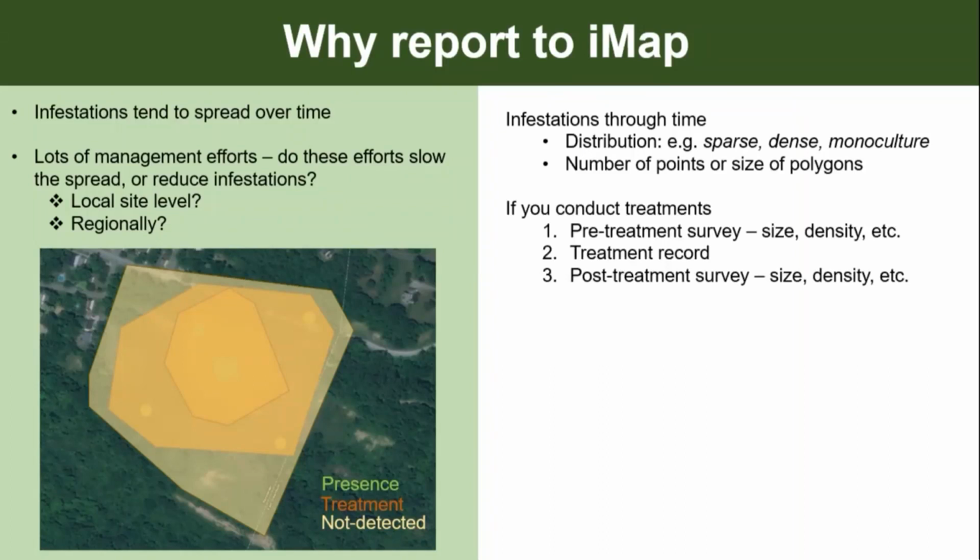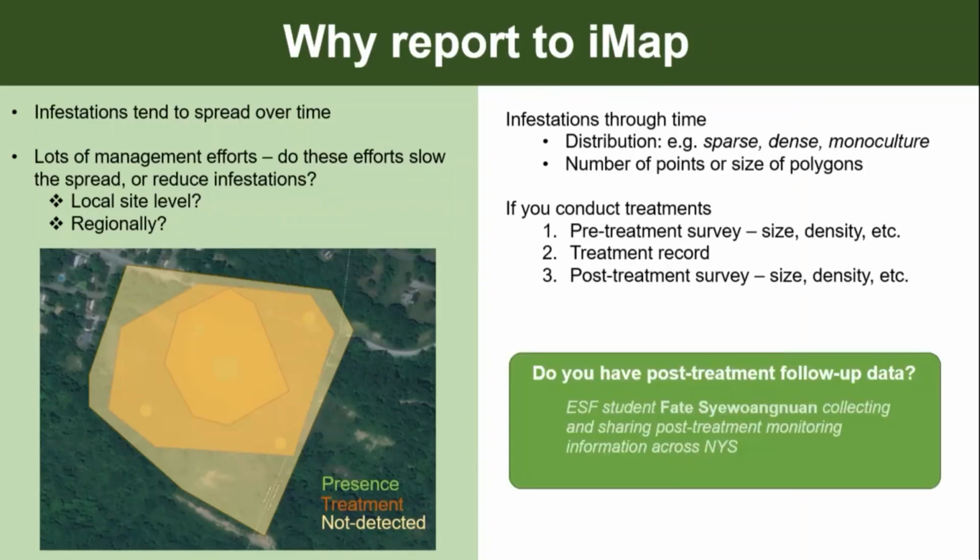And then if you look at treatments, you can look at pre-treatment surveys, the treatment record, and then post-treatment surveys and see if size and density and other fields are changing as well. And Jen will touch on this later, but if you have any post-treatment follow-up data, we do have a grad student who's working on collecting and sharing this data across New York State. So stay tuned for when Jen mentions that a little bit later.